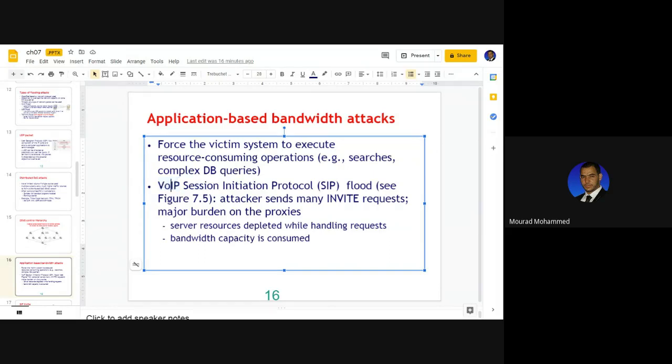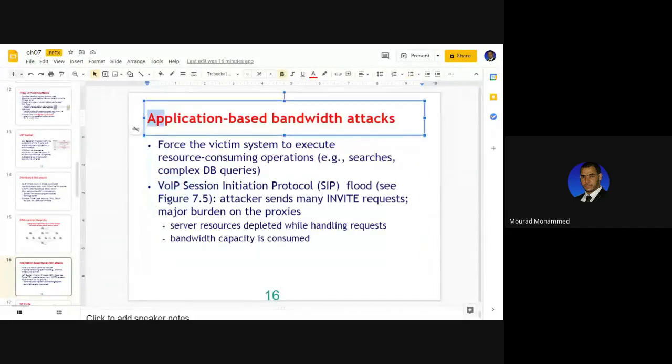Here we talk about an application-based bandwidth attack. It means that the communication dedicated to a specific application is being compromised, in the example here, the VoIP. VoIP does not consume the whole network.